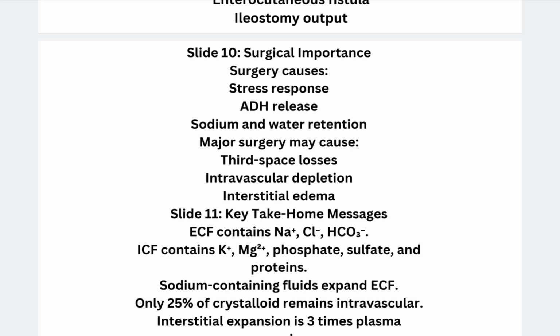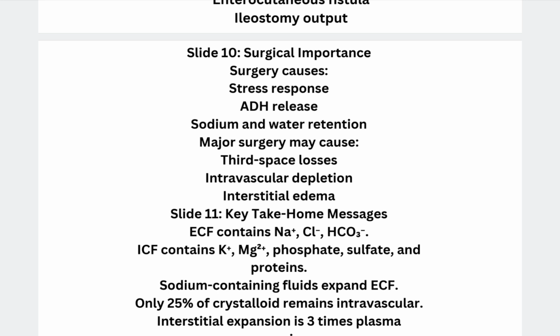If the patient is in shock or has injuries and leaky capillaries, whatever you infuse, until the acute insult is relieved, the fluid is going to accumulate in the interstitial compartment, leading to interstitial edema.